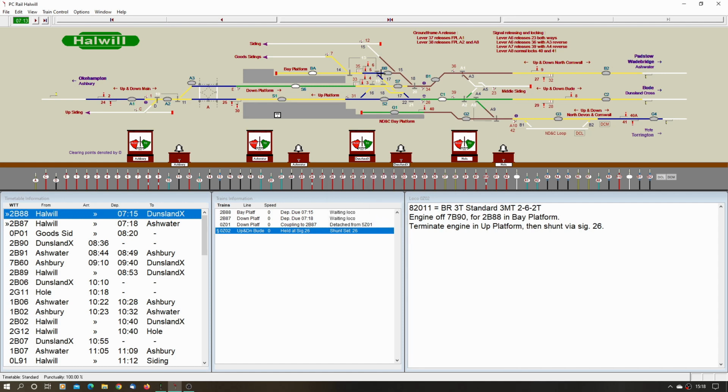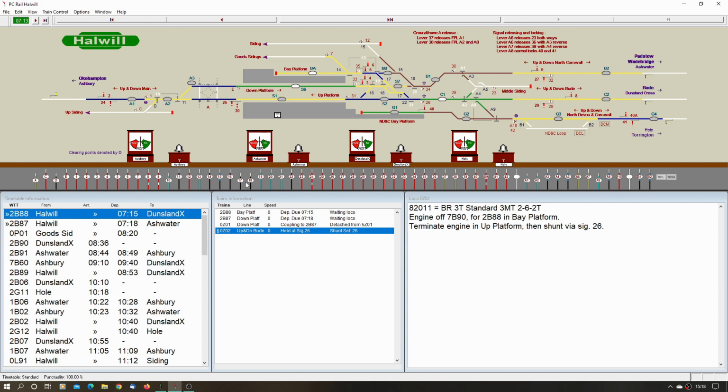17's locked by 13. Yeah, 17's got very strange. Right, let's see if we can get 17, and we need 18. 18's locked by 20. I said it was fun and games. Right.